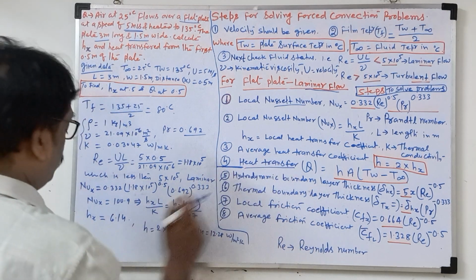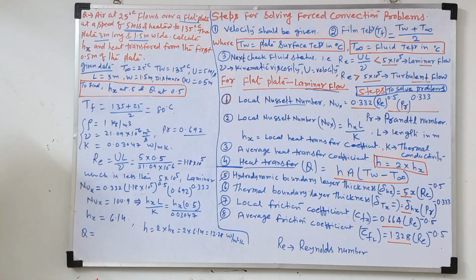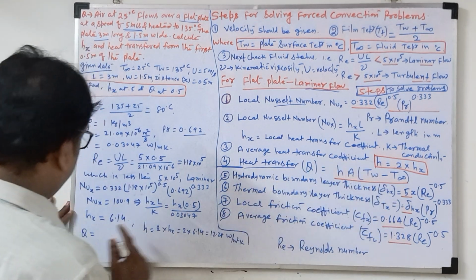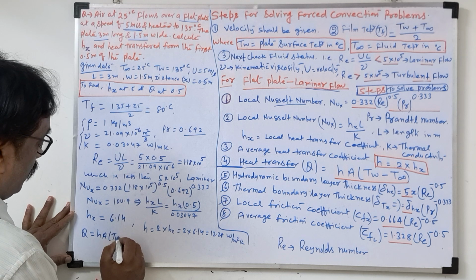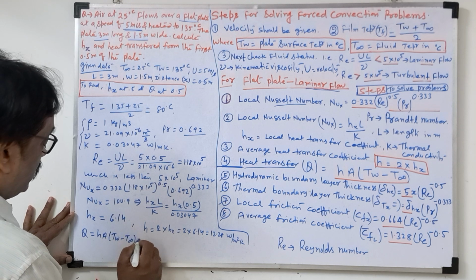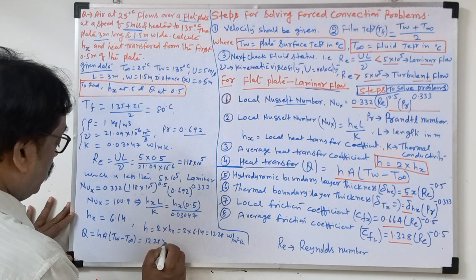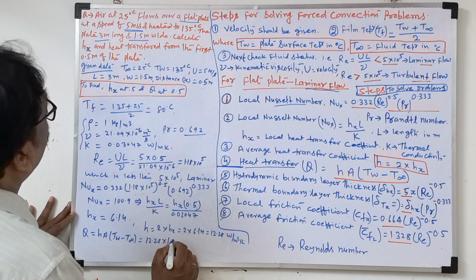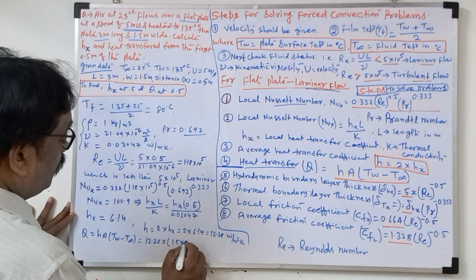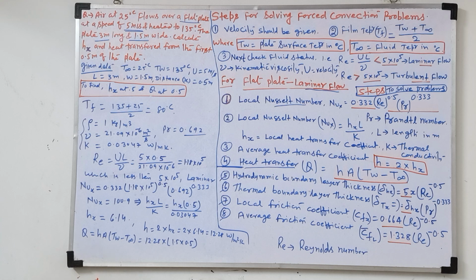Now what about the heat transfer? Q they are asking. So Q is equal to h A times the difference between surface temperature and film temperature. h is 12.28 into area. Area they have given 1.5 into 0.5.